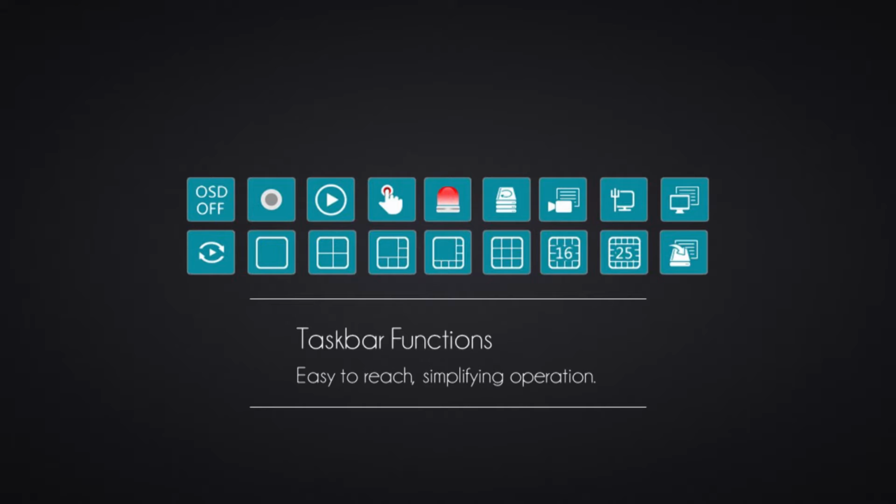There's no need of going into the setup to the back end, where you need to do the configuration, to find out, hey, is this wrong, or is a hard drive bad, is a camera disconnected, how's the status, was there any motion detection? You can get that all through the front page.